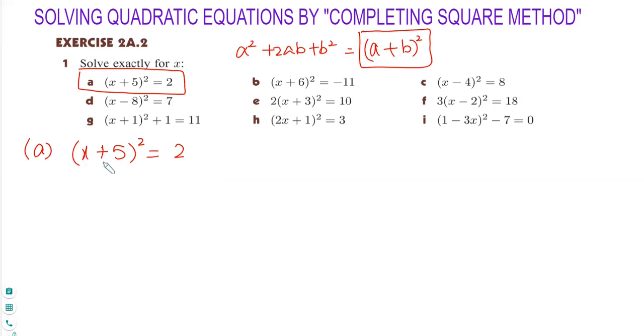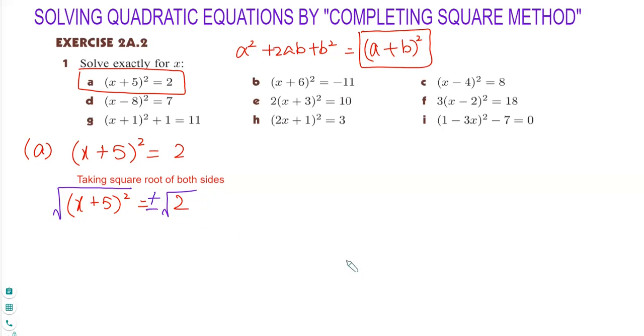So when you have a completed square like (x + 5) whole square, you just have to take the square root of both sides. So, taking square root of both sides, (x + 5) whole square is equal to 2. When you take the square root of 2, it gives you both answers, the positive and the negative, so I'm writing both the positive and negative signs.